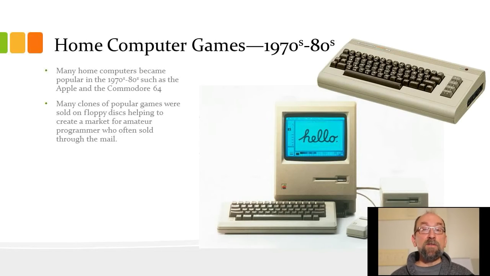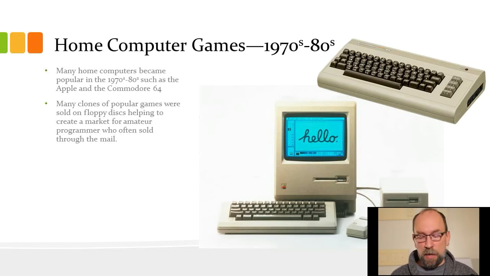Home computers, 70s and 80s. So the Apple computer was really huge. It came with Tetris and a whole variety of other games. The Commodore 64 was also really popular at a much lower price point. And the neat thing about the Commodore, of course, was it was just a keyboard with the memory inside, and you could insert cartridges and discs and attach things to it. But most anyone could afford to buy a Commodore, and you could design your own games and program it like a regular computer.